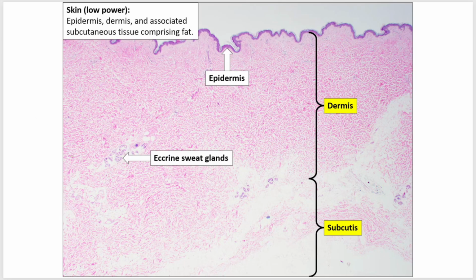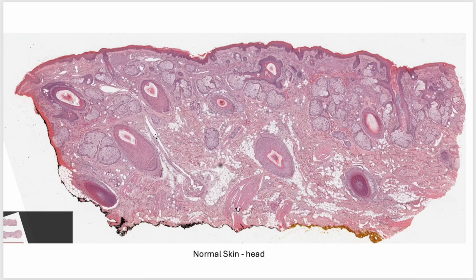There are different types of skin in different anatomical locations of the body, and I want you to be able to recognize two types of skin. This is the first one. I hope you can tell this is probably from the person's head or somewhere close to the scalp area. Or if this is a male patient, this may be an area from the cheek with lots of beard.